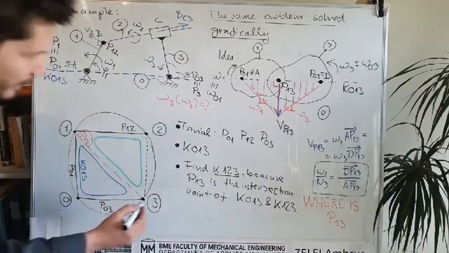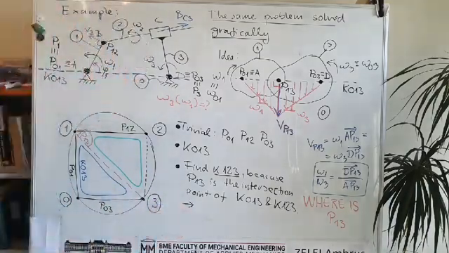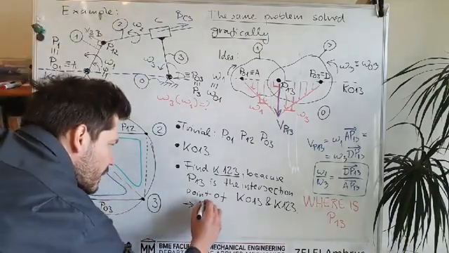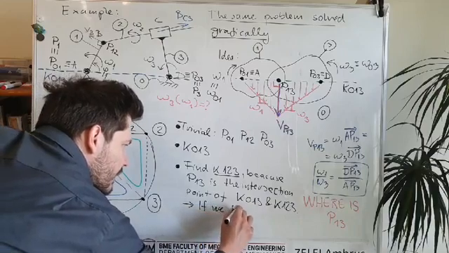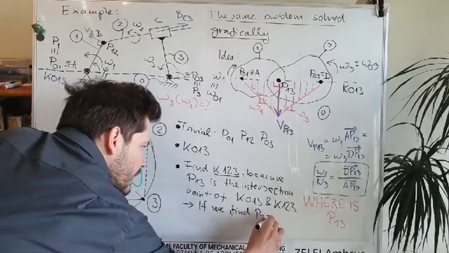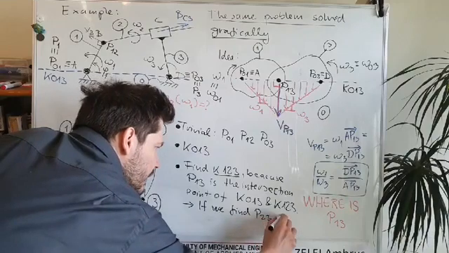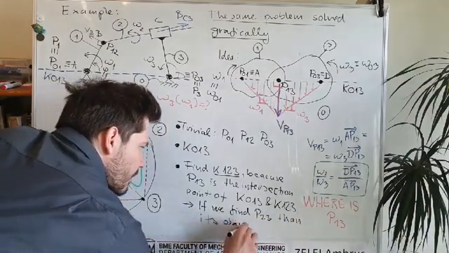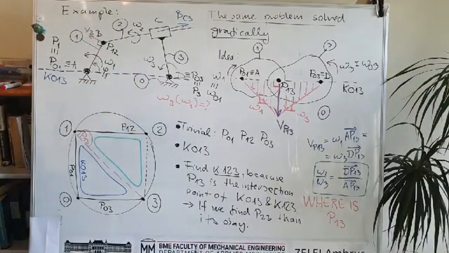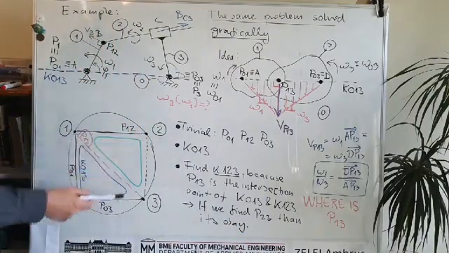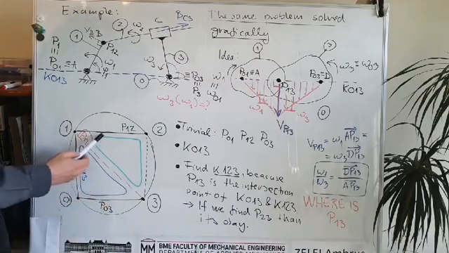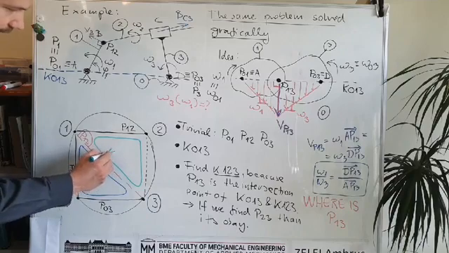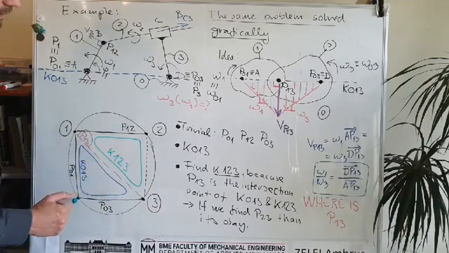So the next step is to find P23. If we would be able to find this P23 point, then we would be able to define the Kennedy line 1, 2, and 3.